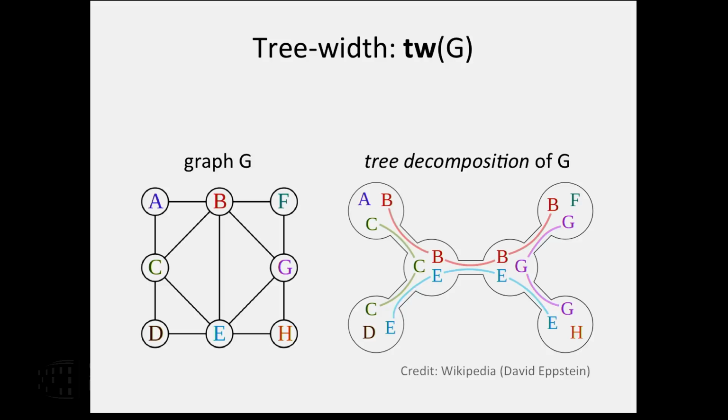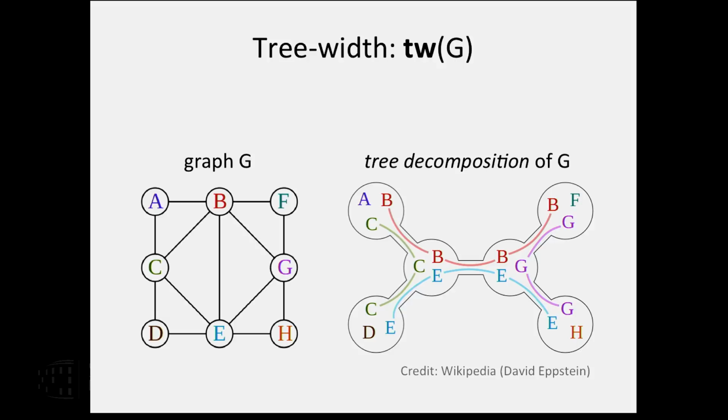Let me define things a bit. The tree width of a graph G is defined in terms of a notion called a tree decomposition. A tree decomposition of G is a tree whose nodes are labeled by subsets of the vertices of G such that some conditions hold: every edge belongs to some bag, and the set of nodes of the tree which contain a given vertex is connected.